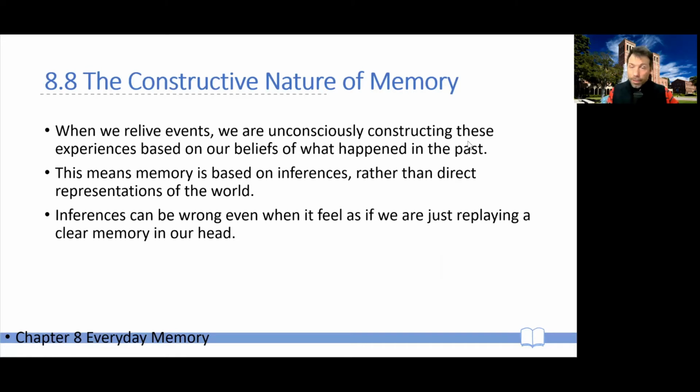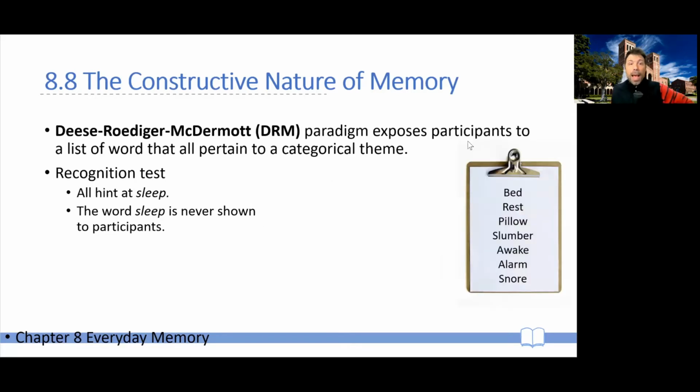All of these things play into reconstructing our memory. And so the problem with memory being reconstructive is that it makes it extremely susceptible to incorrect reconstruction. And there are a couple of examples that I want to show.